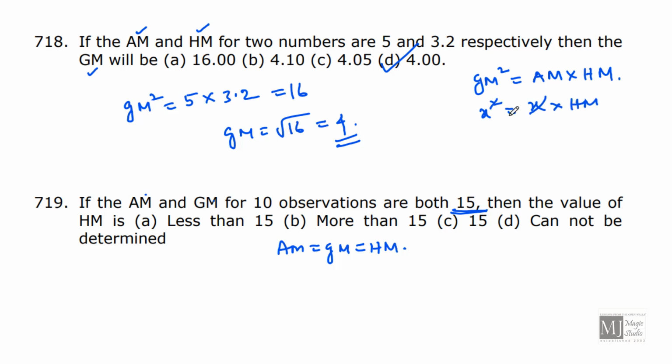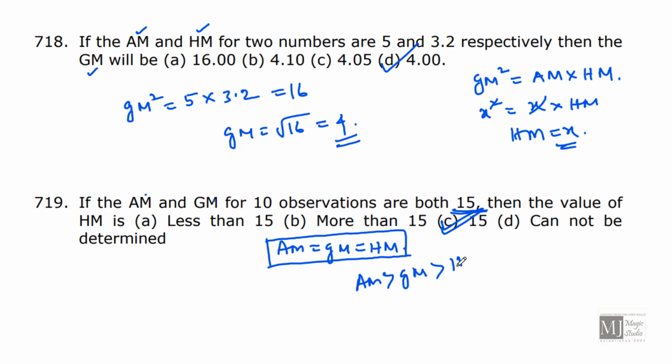If I cancel this out, HM would be x, isn't it? So for a symmetrical distribution, for the same values, when all the observations take the same values, AM is equal to GM is equal to HM. Then what is the value of HM? The value of HM is 15. And if otherwise all the observations are not the same, then AM would always be greater than GM, which would be greater than HM.